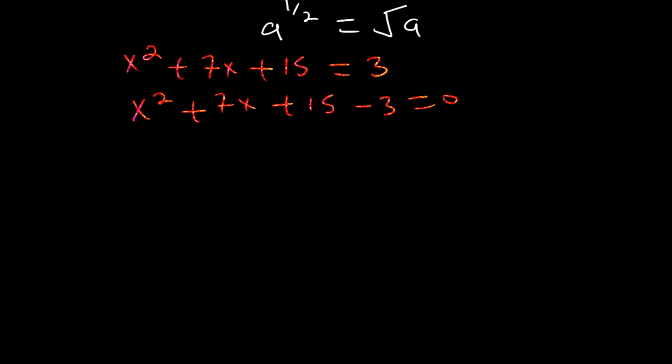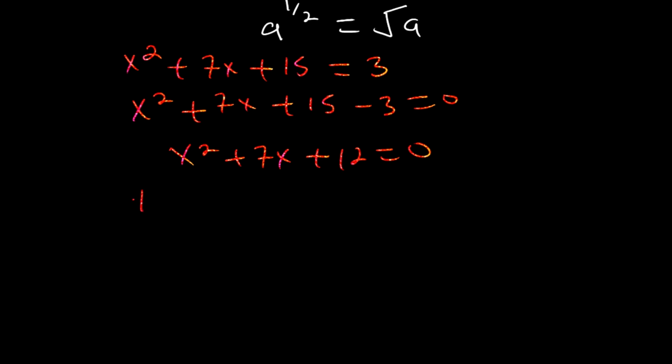We can simplify this so that we have x squared plus 7x plus 15 minus 3, that is 12, is equal to 0. This is a quadratic equation. We can solve this using the factorization method.